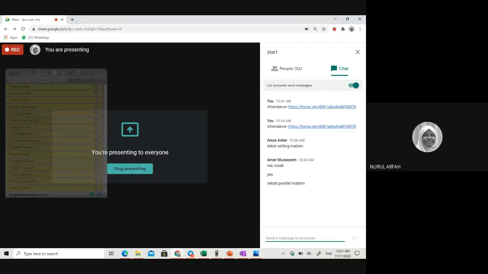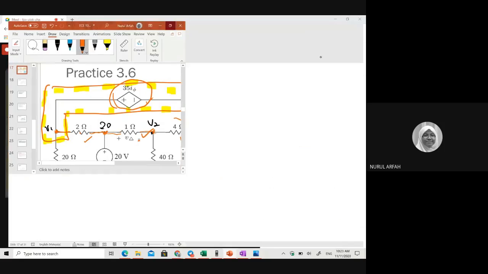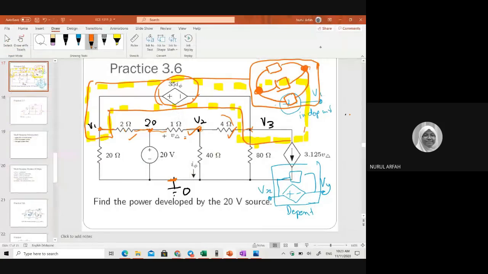You need to go back to theory. Everything, you need to go back to theory. Are they in parallel or no? If you look at it like this, these 2 ohms and 1 ohms have something in between, right? The 20 volt. So what can you tell from this? They are not in parallel or not?